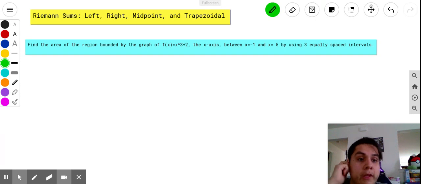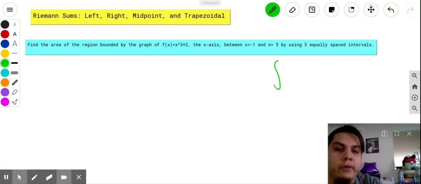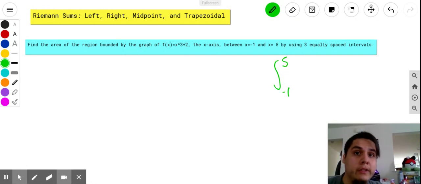All right? So, mathematically speaking, they're asking us to figure out this right here. Integral. We're starting at negative 1. We're going to 5. So the lower bound, or the lower limit, I guess I should say, is negative 1.